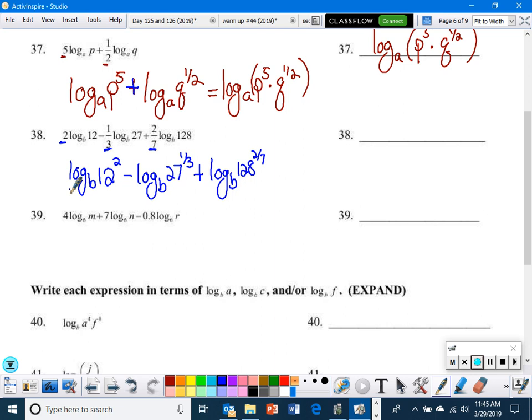So 12 squared becomes 144. 27 to the 3rd power becomes 3. 128 to the 2/7 power becomes 4.